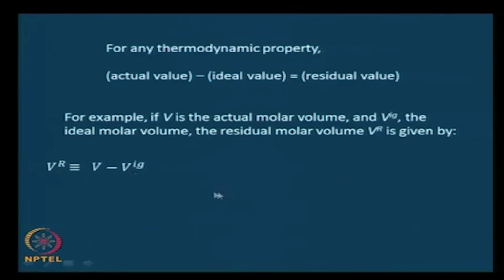V minus V ideal gas, where V ideal gas is RT by P, and we know that PV by RT is Z. Rather, we are writing V in terms of Z, which is ZRT by P, and therefore, taking RT by P common, we get RT by P into Z minus 1. We will call this equation 324.